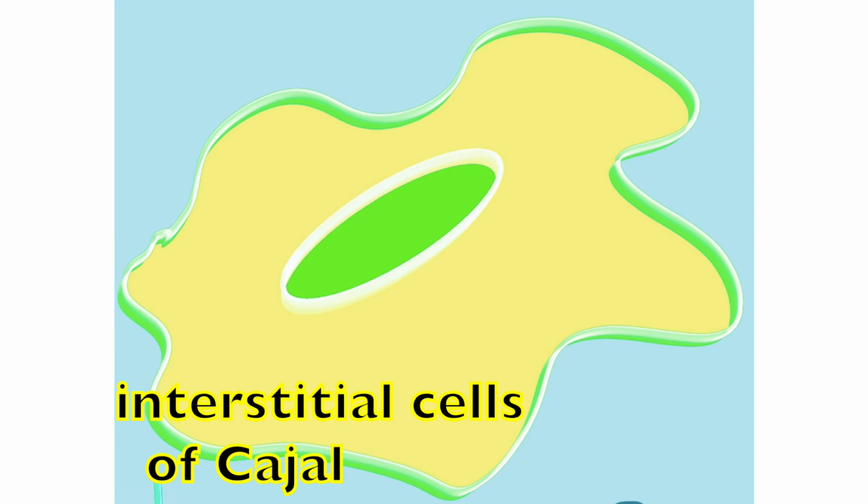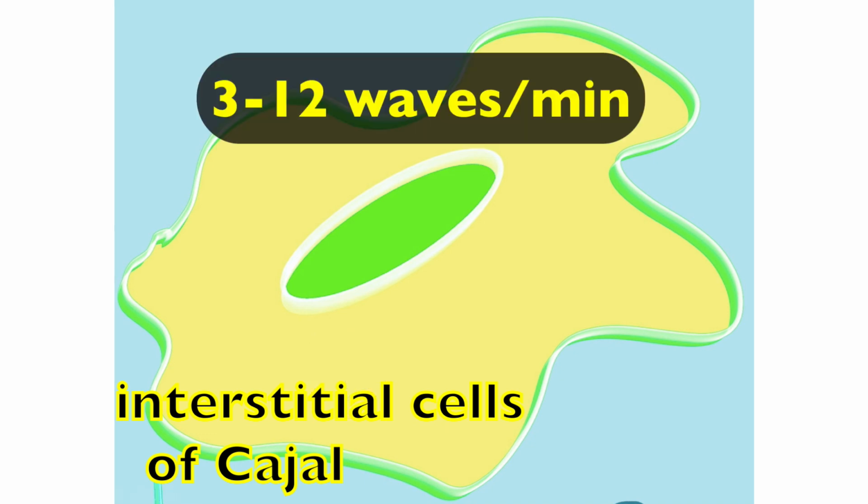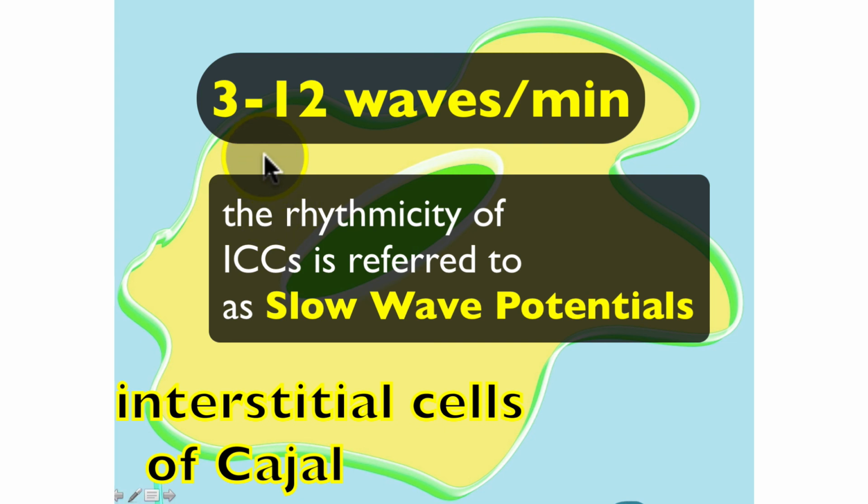Just like in the heart, the myocardial autorhythmic cells are going to depolarize and repolarize at a much higher rate. If we recall, with MACs, it's somewhere from 60 to 100. With ICCs, it's more in the range of 3 to 12 depolarization events per minute. Now, they're not doing it exclusively on their own. They are aided by neurons.